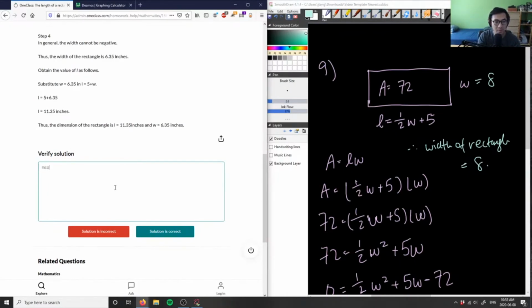Incorrect solution. Length should equal 0.5 width plus 5 instead of L equals W plus 5.